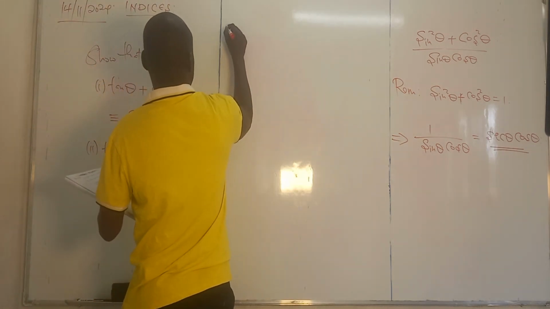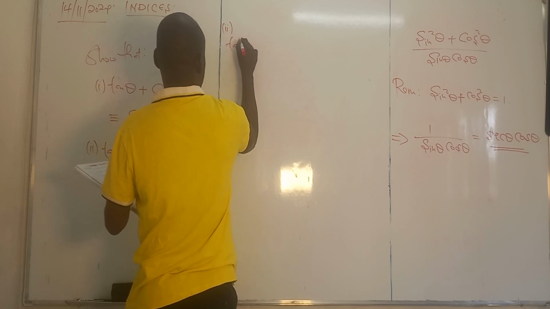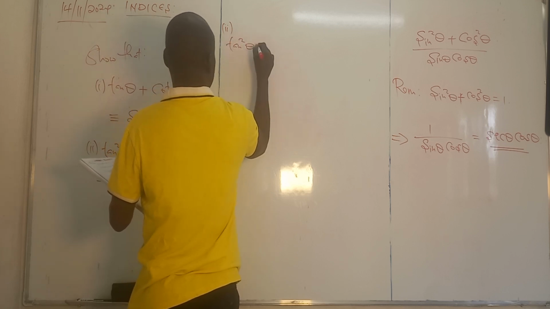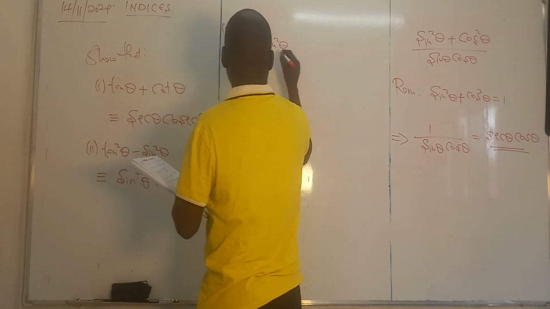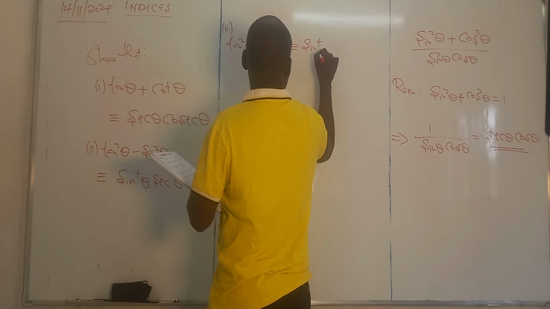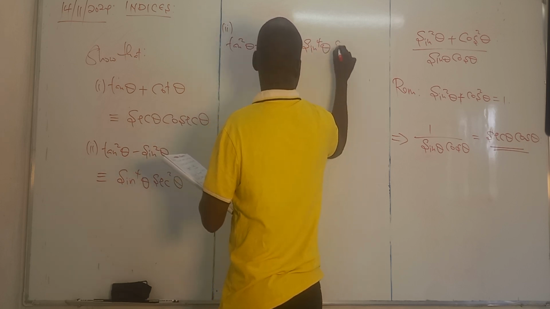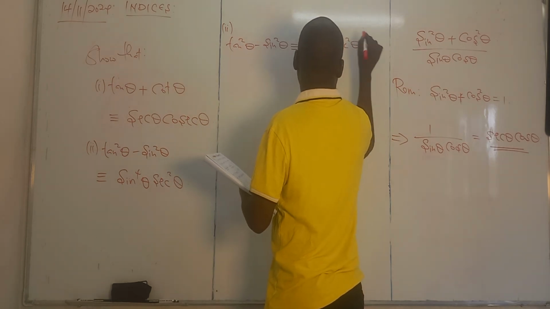So Roman 2, as we see, we are supposed to show that tan squared theta minus sin squared theta is equivalent to sin raised to power 4 of theta sec squared of theta.